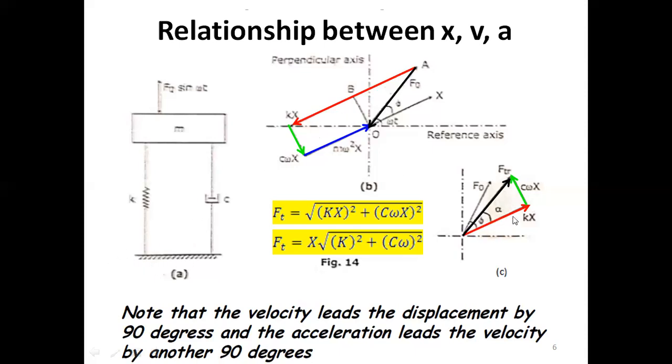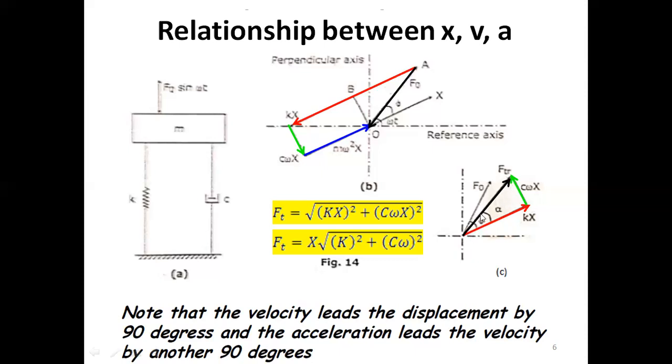Here on this plot, figure C, we are plotting only those two forces. This is the spring force, and this is the damping force, because the damping force is at 90 degrees to the spring force. We are adding these two vectors by the head and tail method, and the tail of the first vector is joined with the head of the last vector in order to get the resultant.